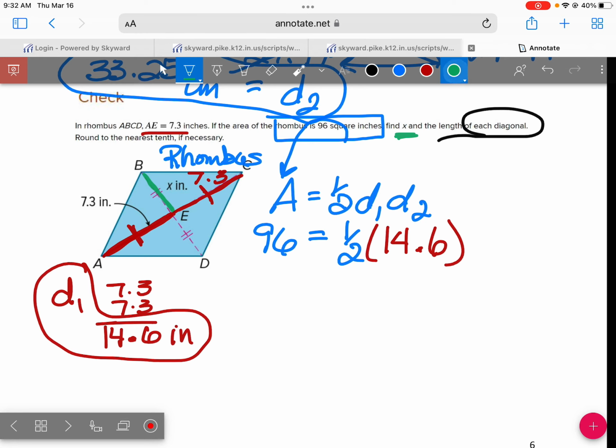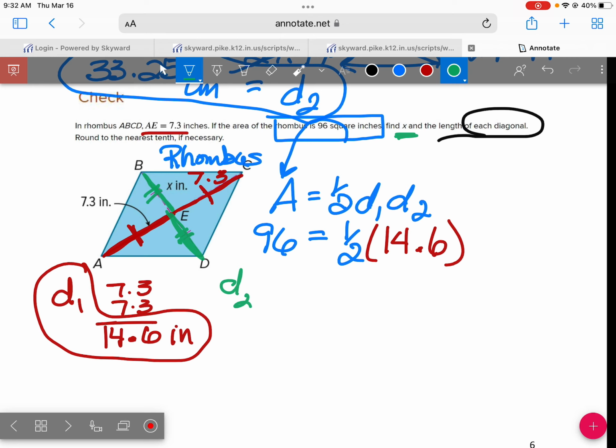Now, it says I need to find x. Well, x is part of my second diagonal. If this much is x, and from length B to E is congruent from E to D, what is this length from E to D? If BE has a length of x, what is the length of ED? The same.